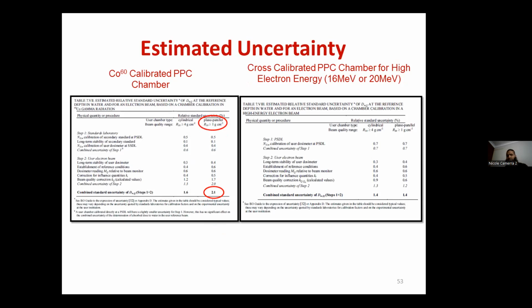If you use the cobalt 60 calibrated one, you will get around 2.1% relative uncertainty in your measurements. But if you use the cross calibrated one, where the plane parallel chamber is cross calibrated to the Farmer chamber, your uncertainty is reduced by roughly 0.7%.